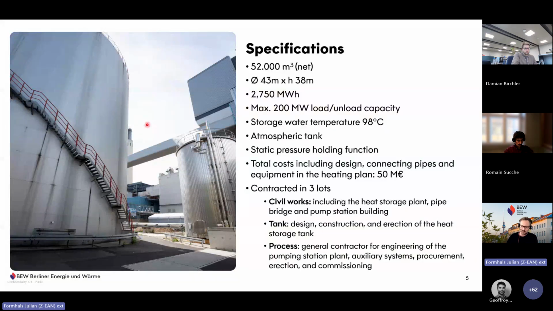Then the second one, obviously, the tank, which you can see here, including the design, construction, and erection of the heat storage, which I said was less than half of the total costs. And then the process part, where we have a general contractor for the engineering of the pumping station, for example, and the auxiliary system, and the commissioning of the system.